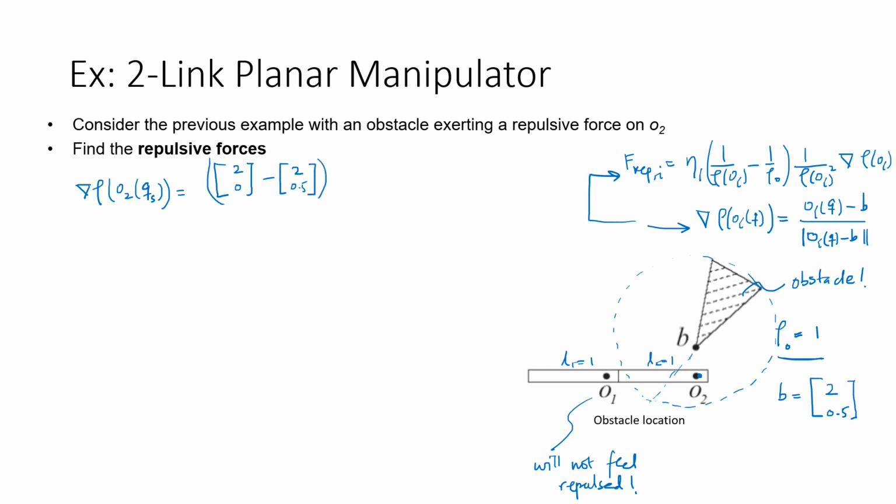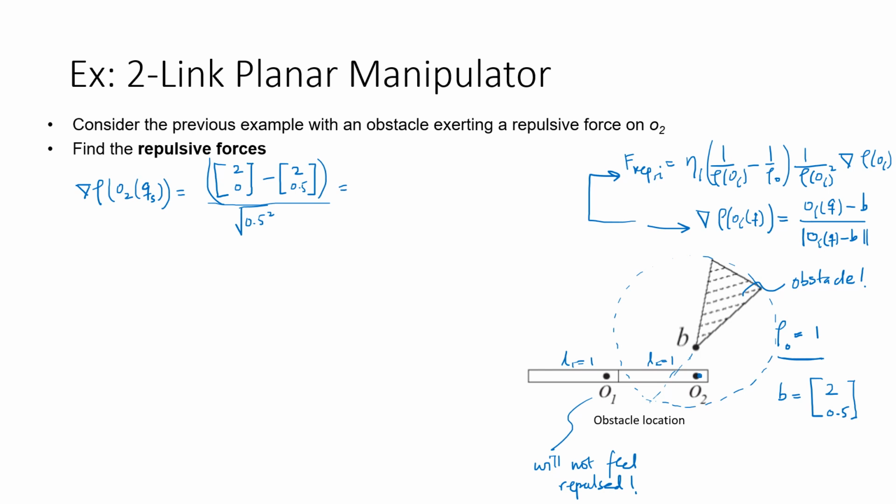So this is your numerator divided by the magnitude of it. So this is going to be the square root of (2 minus 2) squared plus (0 minus 0.5) squared. So this is going to be 0.5 squared under root, and that obviously is equal to 0.5.